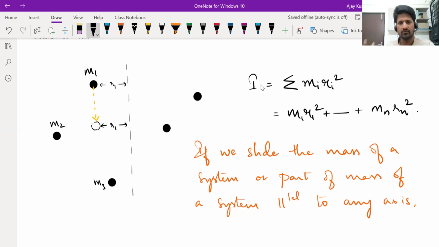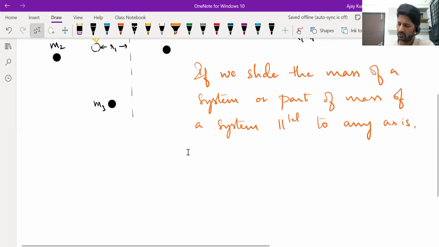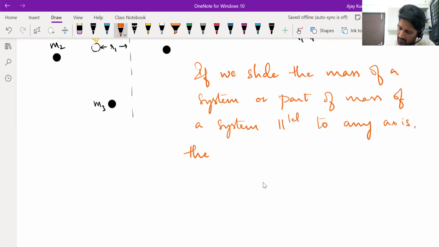So its moment of inertia would not change. Then the total system's moment of inertia also would not change. So if we slide the mass of a system or part of the mass of a system parallel to any axis, the moment of inertia about that axis would not change. Remains the same.